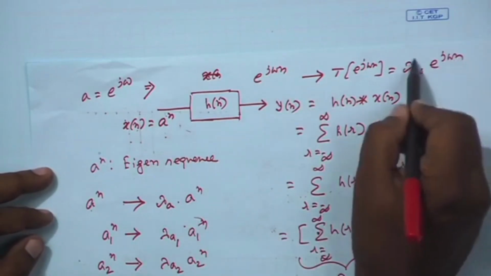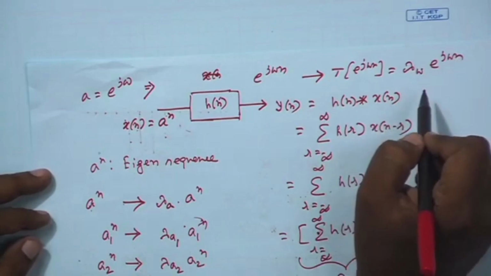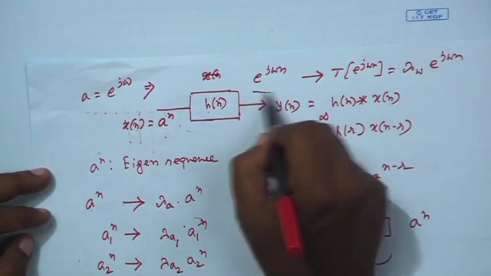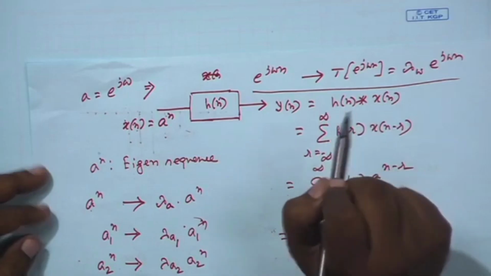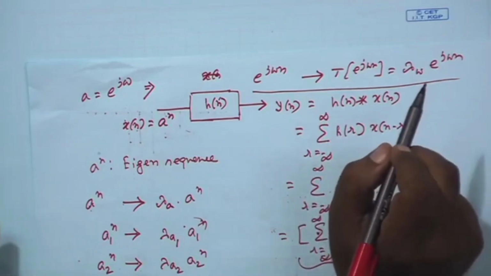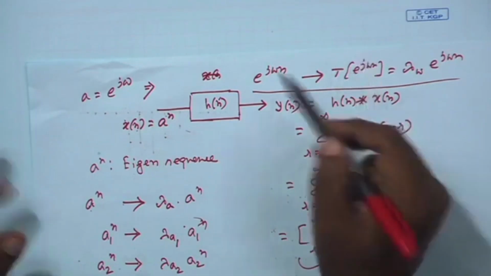So a to the power n comes back multiplied by lambda of omega.